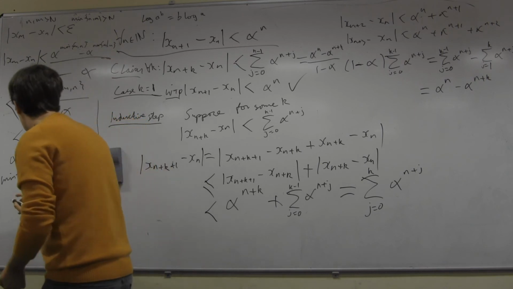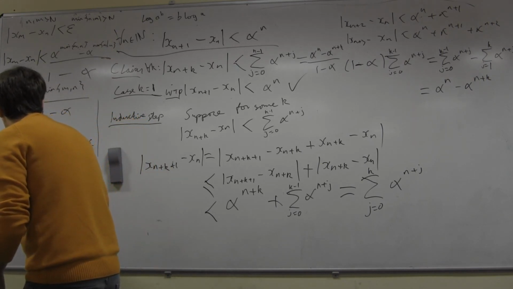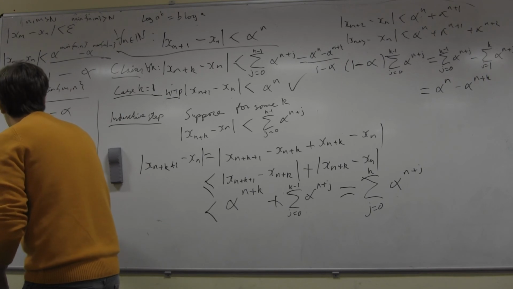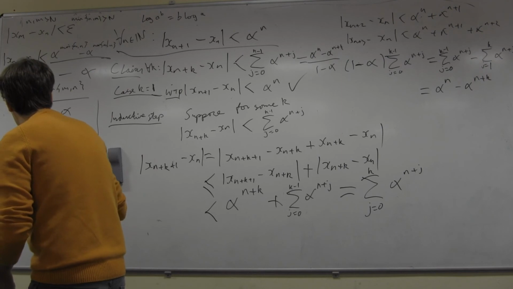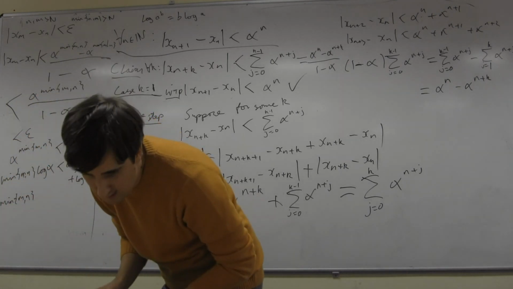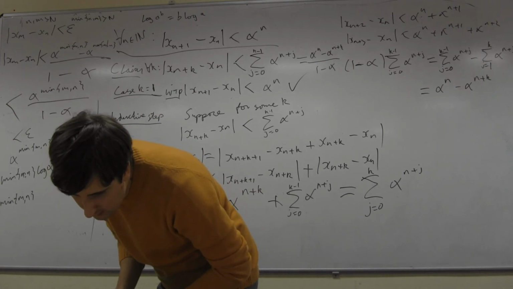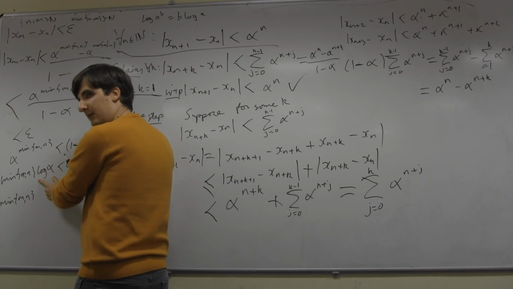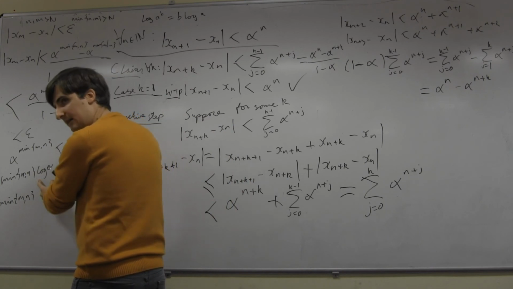So we want min(m,n)... alpha is less than 1, it said in the question: suppose that 0 is less than alpha less than 1. So log alpha is negative.